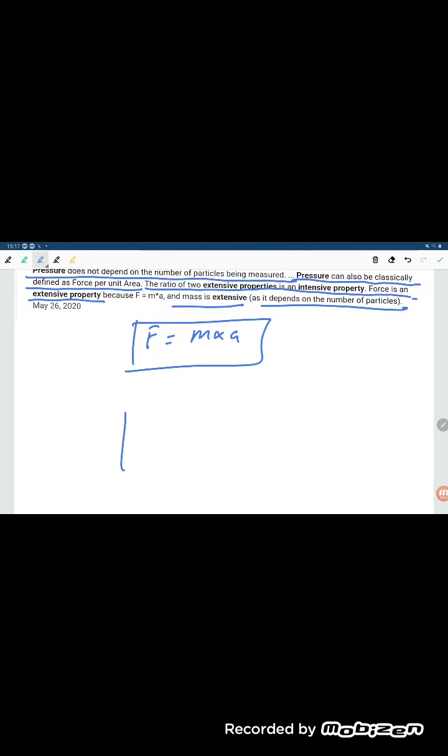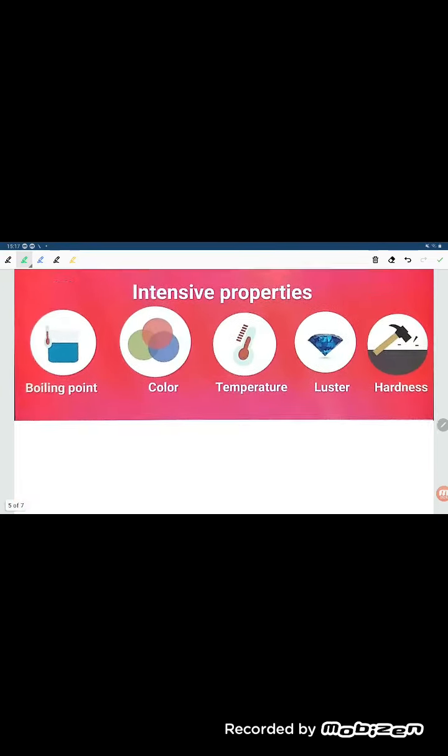Intensive. Another way we can understand this is, if there is a block with total pressure P, and you divide this block into two halves, you will still get the pressure as P only. So pressure is again an intensive property.